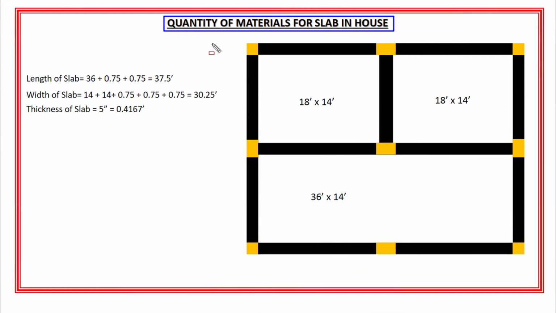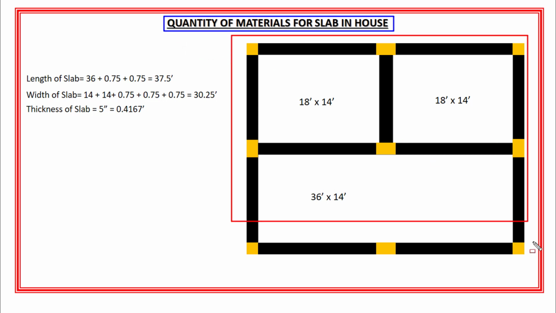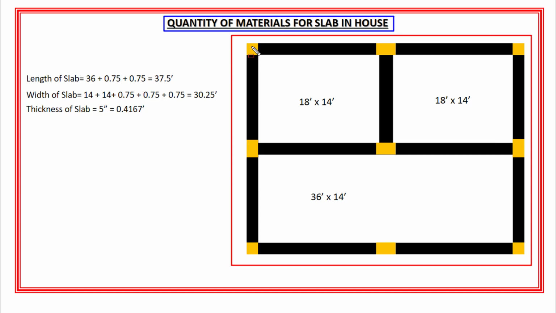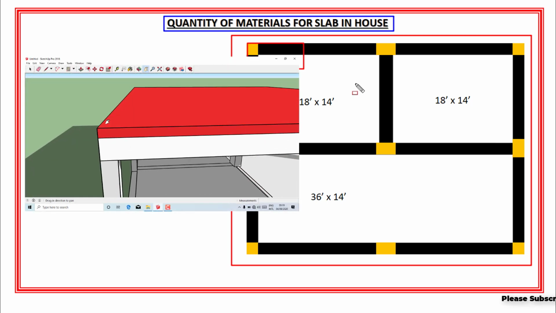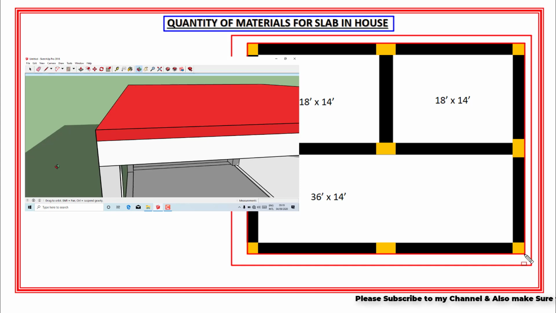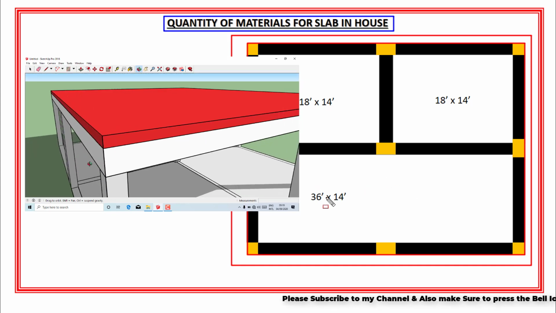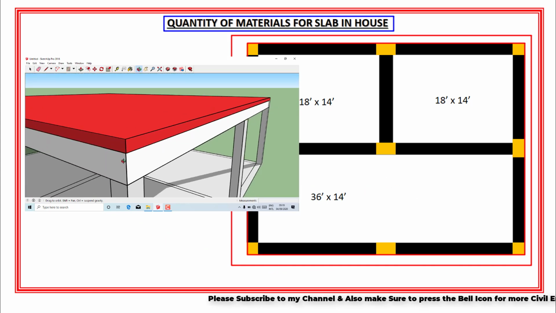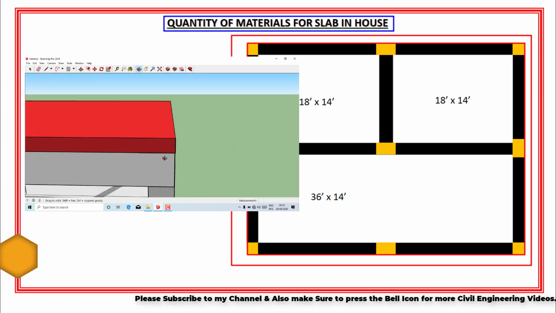Now let's talk about today's topic, which is how to calculate the quantity of materials for slab in a house. If you look at the plan of the house, the slab is provided along the full length and width of the house. So I only need the length of the slab, width of the slab, and also the thickness of the slab.